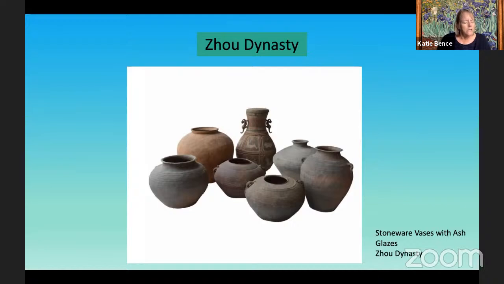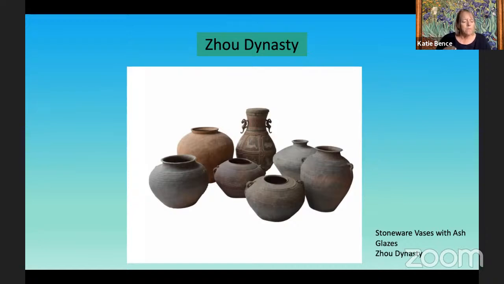And I'm not going to go into Confucianism except to say that oftentimes the prevailing belief systems and religions manifested themselves in the decorative techniques that they used on their pottery.